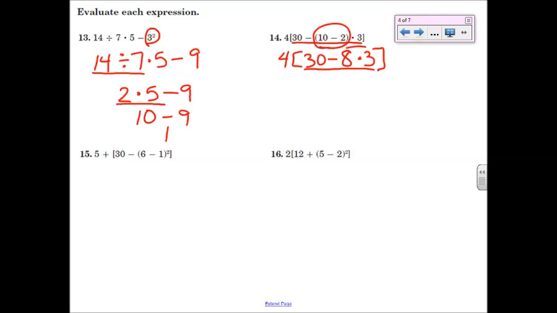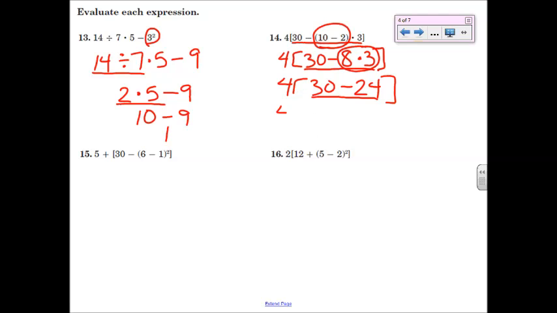So I'm going to do this 8 times 3 first. And 8 times 3 is 24. And now inside the parentheses, I have 30 minus 24. So I'm moving on to the addition subtraction step inside the parentheses. And 30 minus 24 is 6.